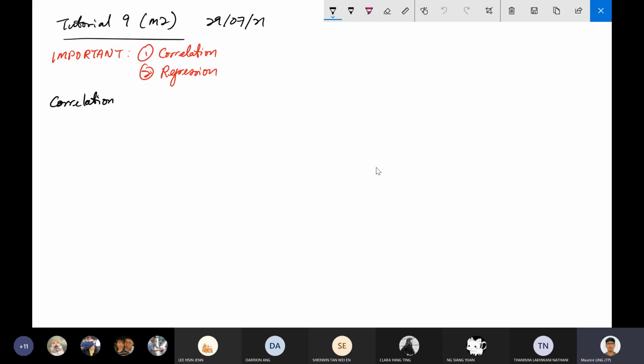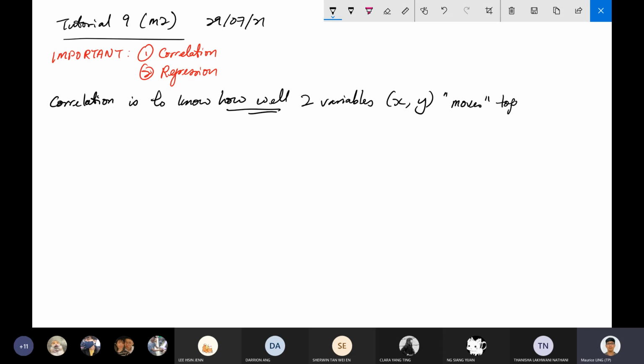Okay, so correlation is actually to know how well two variables, let's say your x and your y variable, move together.